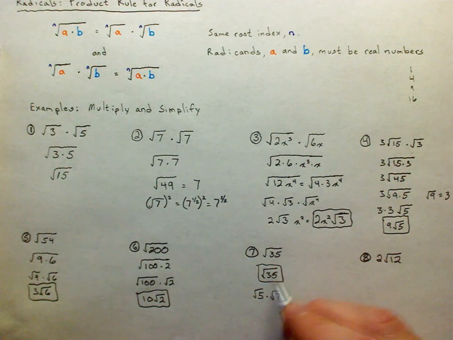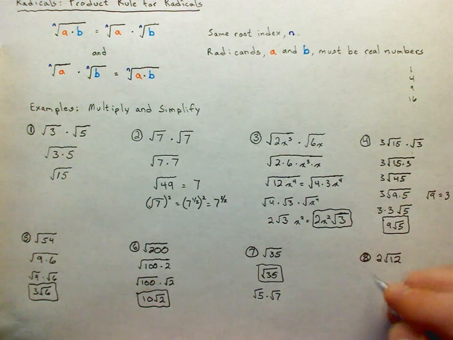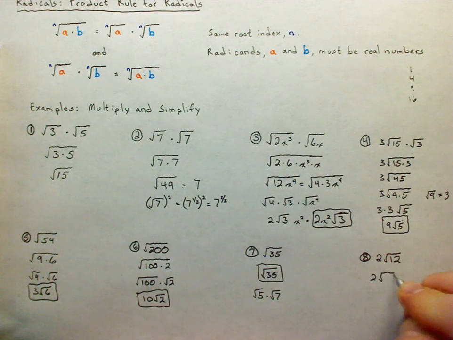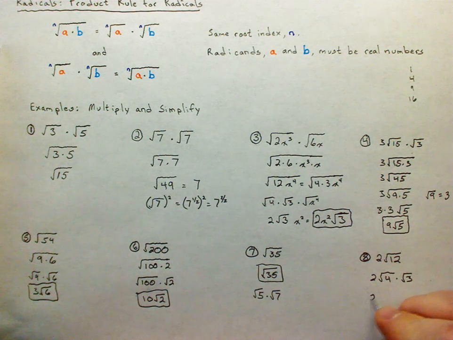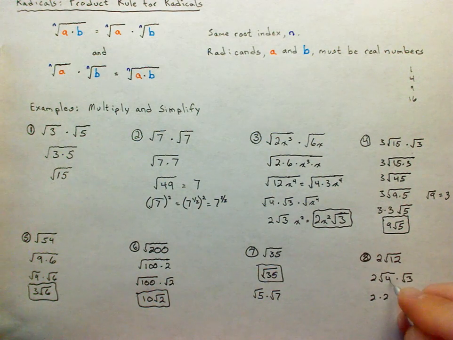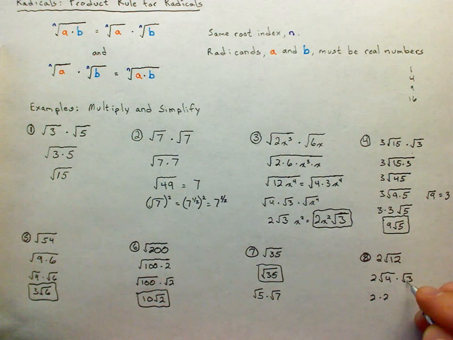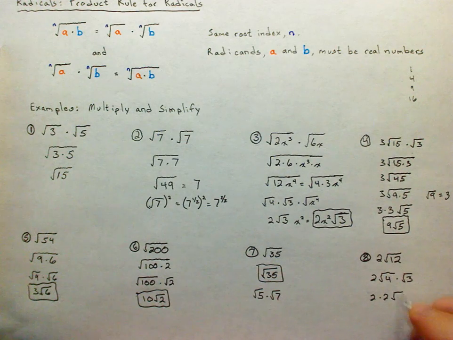This is in the simplest form. And my last one, I'll go ahead and just rewrite that as the square root of 4 times the square root of 3. 2 times, because the square root of 4 is 2, so 2 times radical 3, and I cannot simplify radical 3.